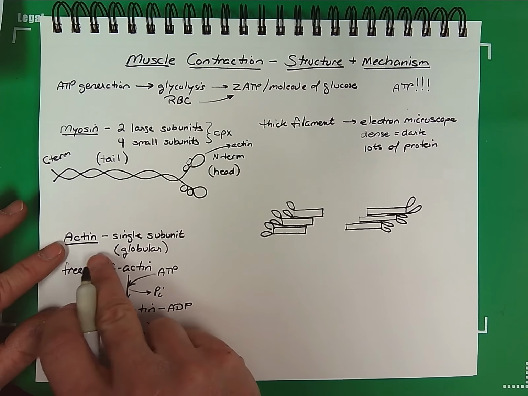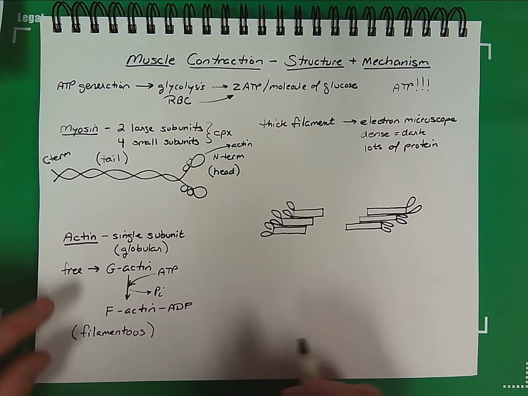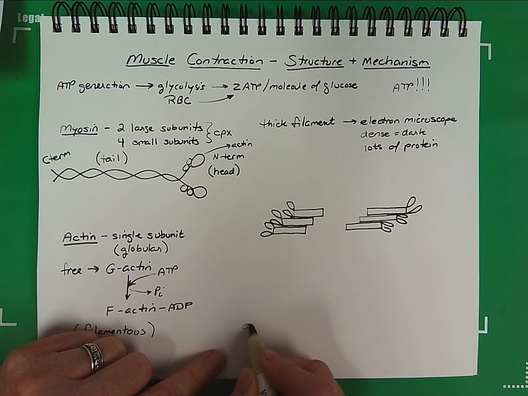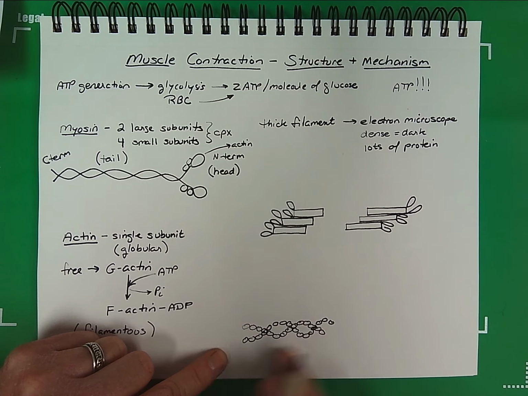Now the actin itself will form another filament. When the G-actin comes together and forms the F-actin, these globular units of actin will form a long filamentous structure, and it will appear that these form a coil, the actin.